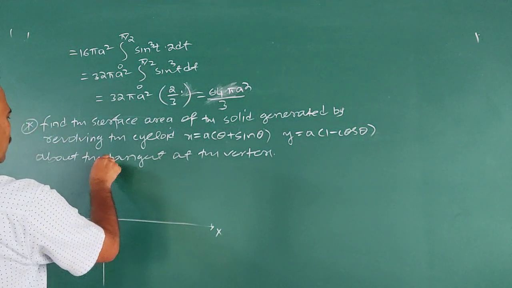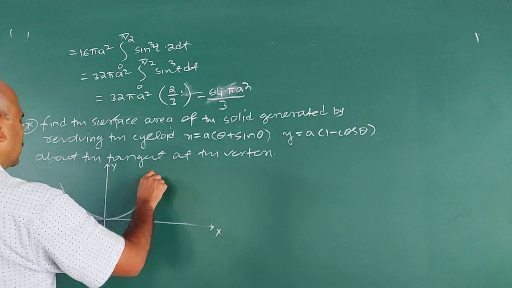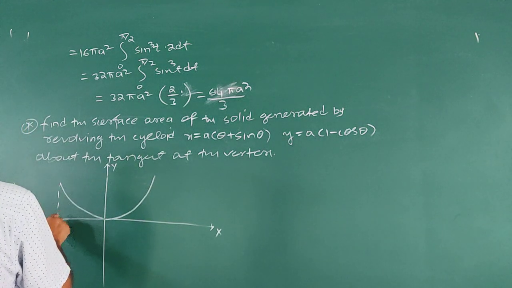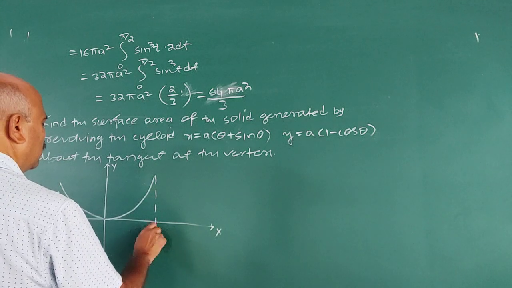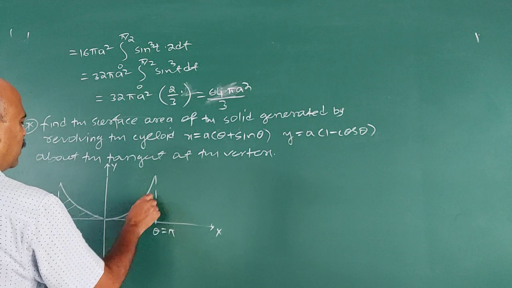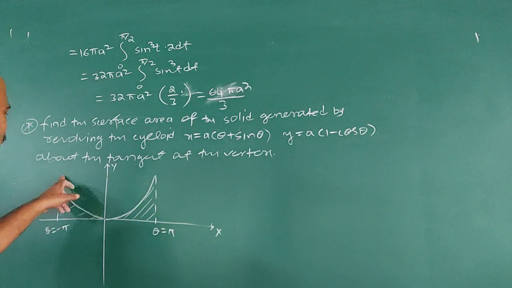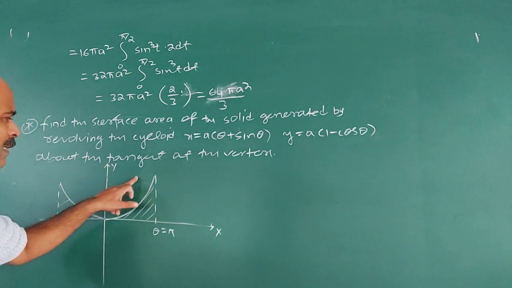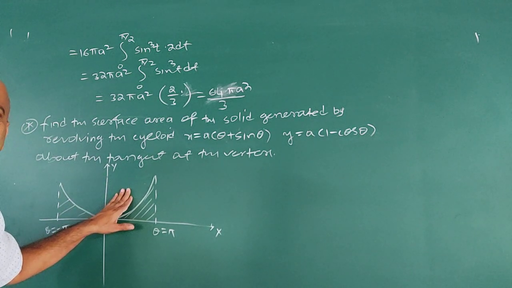X axis, perpendicular y axis, and one branch of the curve is like this. It is theta is minus pi, theta is equal to pi, and the area revolved is not the area bounded by this curve and this line, not this line. This area is not revolved. Understand?